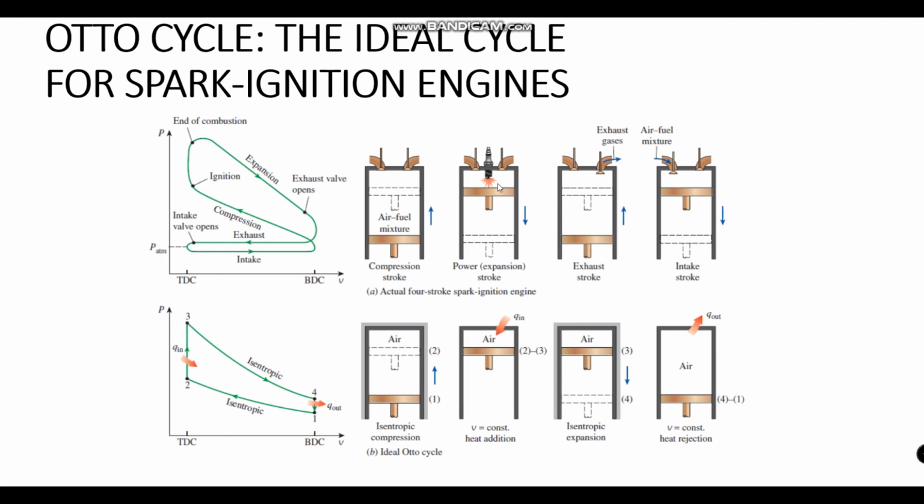Because we have the combustion processes. Then at the end of combustion we have the expansion, which means that the gases, due to the high pressure, push the piston down. The volume of the gases expands, and after that the piston goes up. Then we go to the exhaust, which means that the gases are leaving the cylinder.